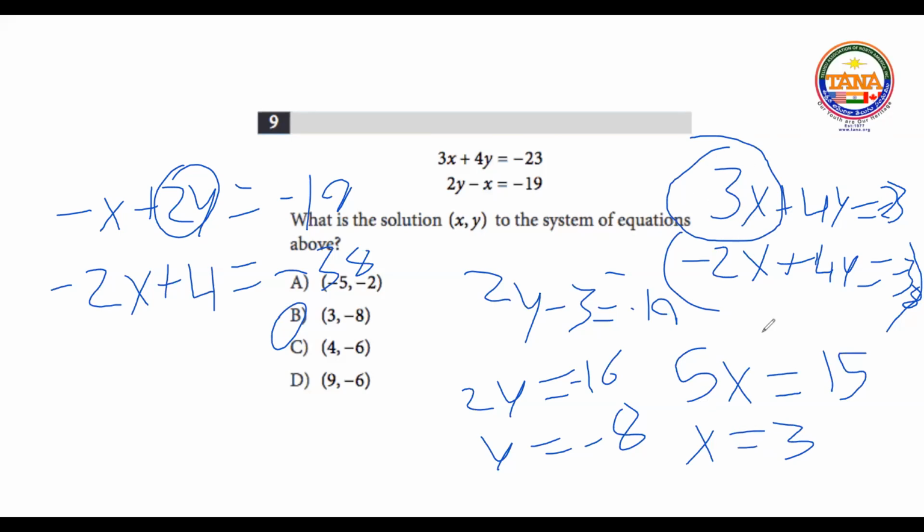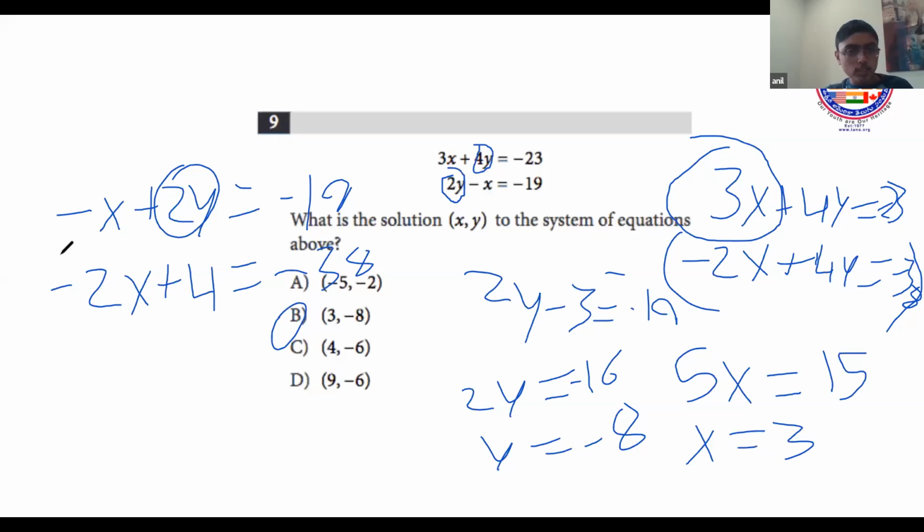So after you rearrange the second equation, you would get negative x plus 2y. So if you subtract both of the equations from each other, wouldn't 3x minus x equal 4x? So you don't immediately subtract them simply because you want to make this and this equal.